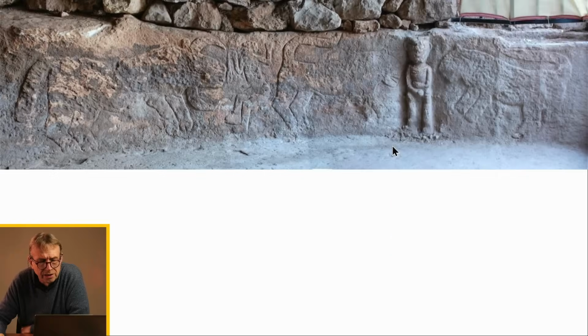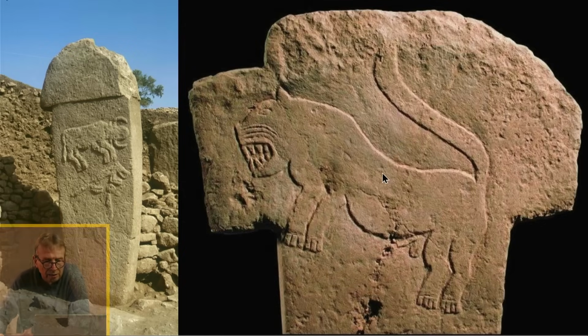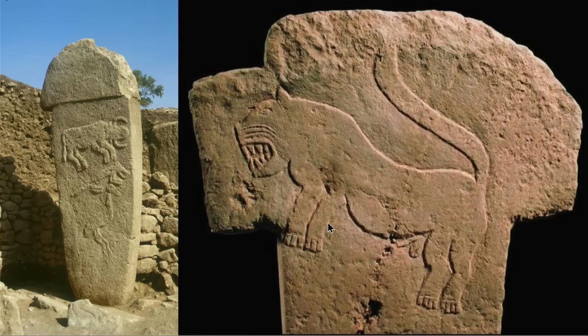And we look at this in a little detail. So these are engravings from Göbekli Tepe, or sculptures on the T-shaped pillars of Göbekli Tepe. So we have a male lion here with its sort of vicious teeth. And on this pillar on the left here, we have this bull with its head turned to one side. We can see its two horns here.